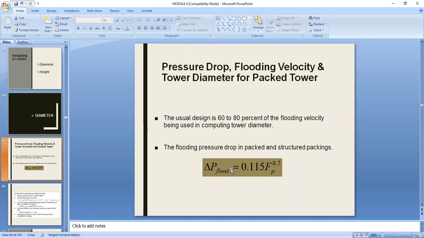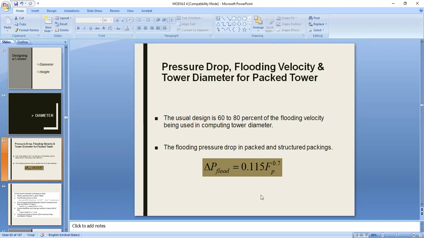For random and structured packing materials, this is your packing factor, the F sub P, and they are taken from a table. Your handbook has a very comprehensive table of this packing factor for different types of packing material.